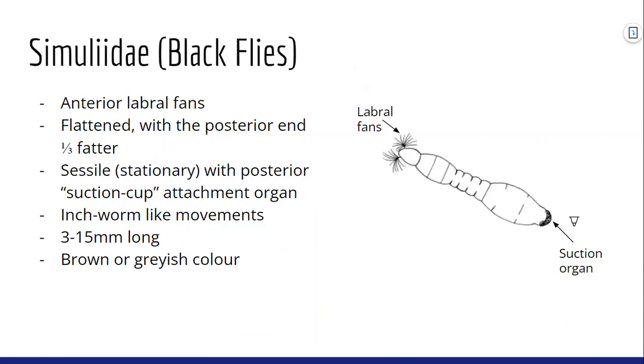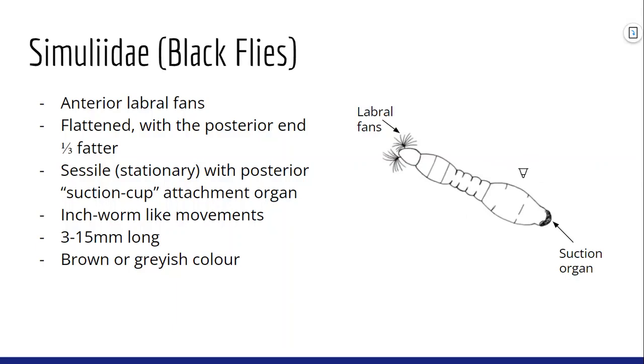Next, we have the Simuliidae, or black fly. This grouping is 3 to 15 millimeters long, usually brown or gray in color. They will inch along the bottom of the tray. They are flattened with their posterior end one third fatter or larger than the rest of the body, as you can see here.